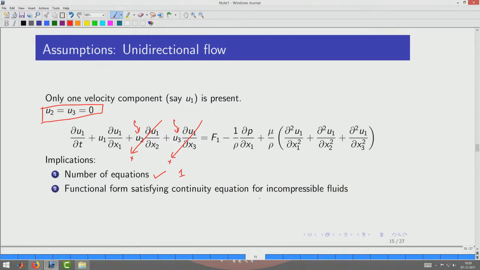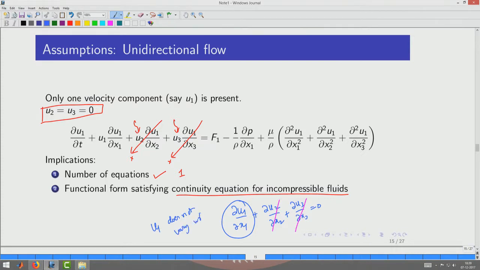it also helps us in the functional form. So, what we mean by that is as follows: the continuity equation for incompressible fluids we already know that it is written in the following manner. So, dou u1 by dou x1 plus dou u2 by dou x2 plus dou u3 by dou x3 is equal to 0, and we are already now saying that it is unidirectional velocity, which means this term and this term does not exist, which immediately means that the u1 does not vary with respect to x1, which means that u1 can vary as a function of x2 and x3.